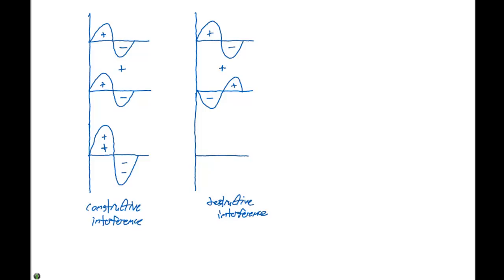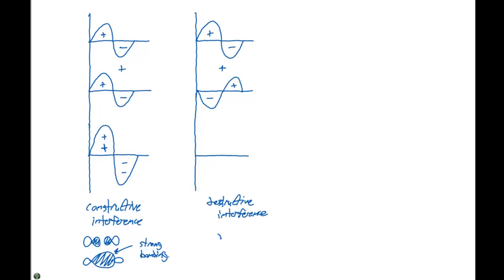And when we look at how bonds form, when we have constructive interference, we're going to have two orbitals come together with the same phase. When this happens and we add these two orbitals together, we get a resulting orbital that looks something like this. Okay, this right here indicates that we have a strong bonding interaction.